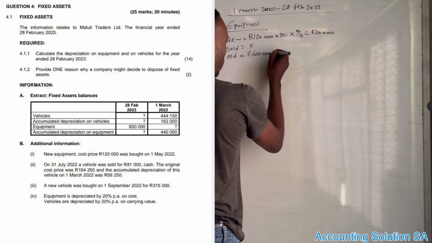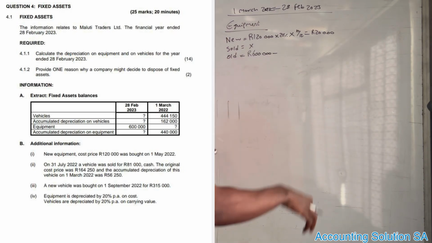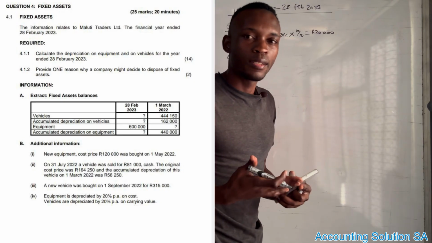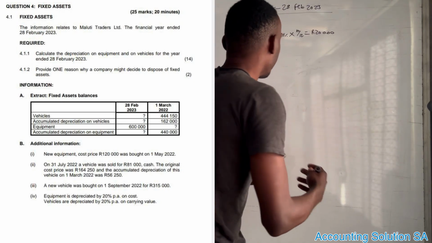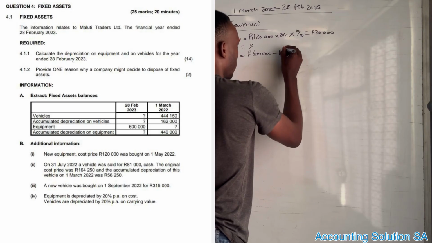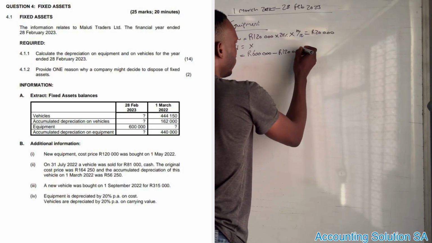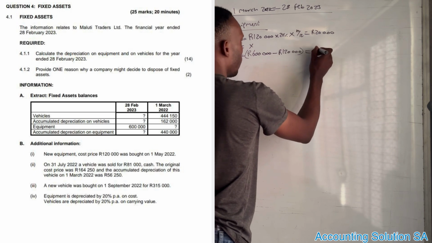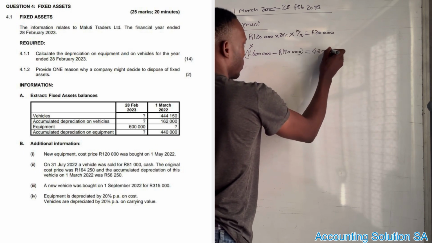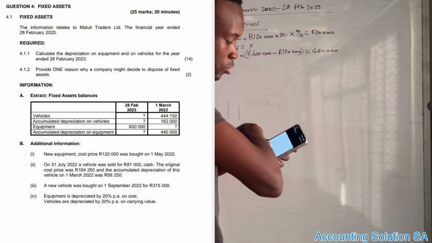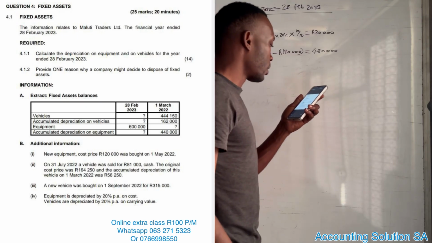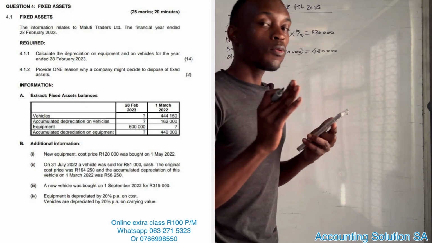600,000. We have to first subtract the one that was bought because we already calculated it. We can't calculate it again, so we must remove it. 120,000, so that we're going to be left with how much? 480,000. Okay, that's the cost price that we are left with. Now, remember, guys, our accumulated is 440,000.